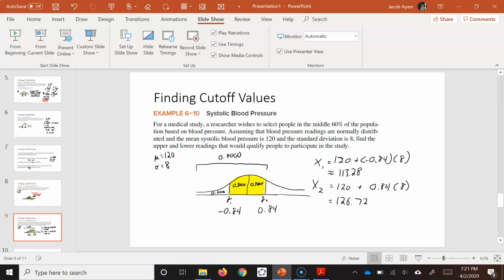So now we round these things. We want to make sure that we are in. 113.28, we wouldn't want to go down to 113. That would take me out of my range. I would want to go up to 114 to ensure that I'm in the yellow. On the other hand, with 126.72, if I round up to 127, that takes me to the right a little bit, which puts me in the white.